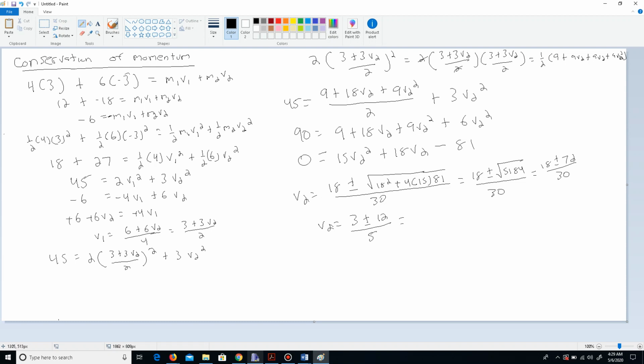And so I get 2 possible answers. First one, 3 plus 12, which is 15 over 5, which is 3. Second one will be 3 minus 12, which will be negative 9 over 5, which is negative 1.8.